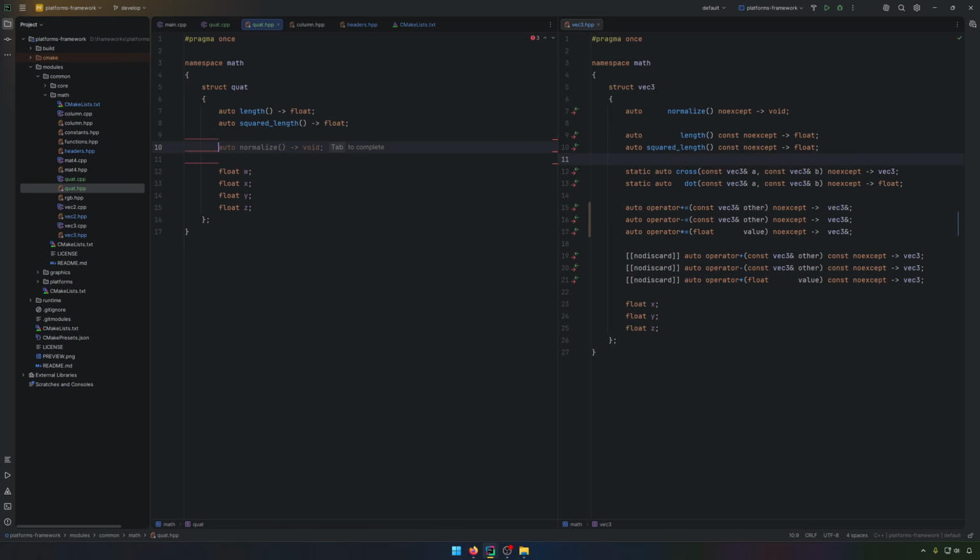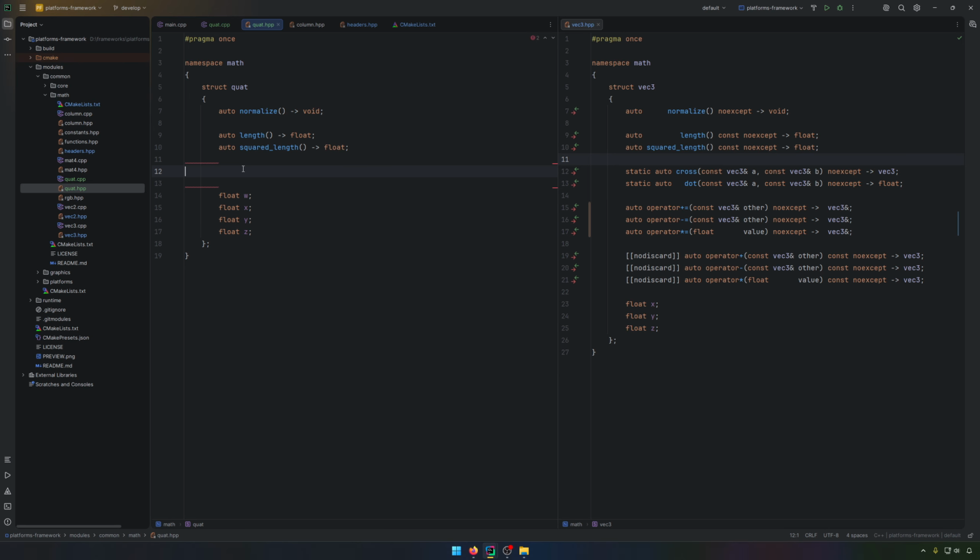After that the normalization, of course, and we can put this here in order to keep the same structure with the vector. What we'll have also here, the implementation for the normalized length, squared length, it's similar with what we have in the vectors.